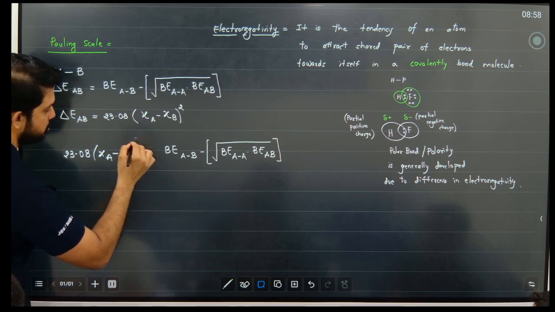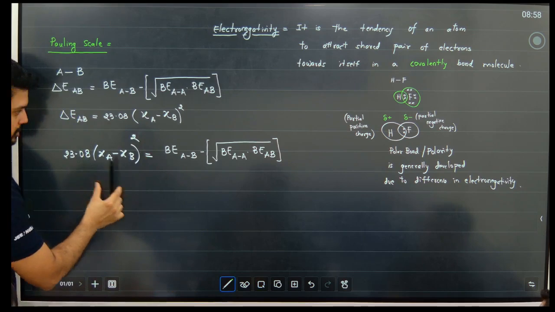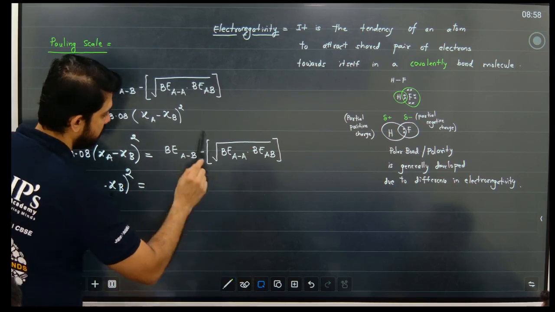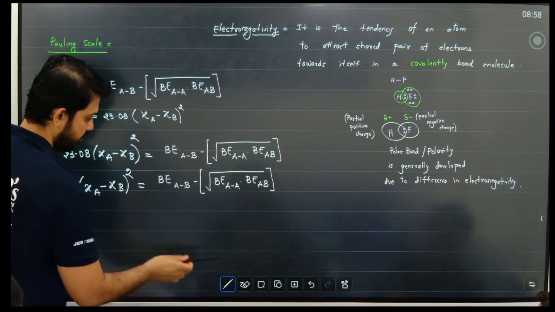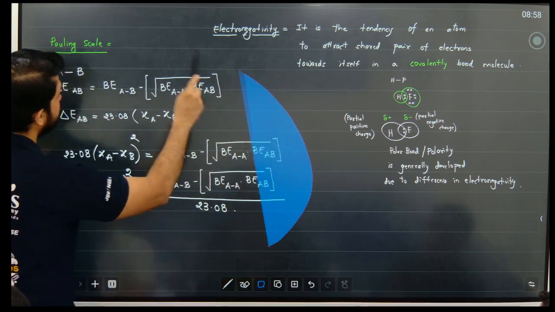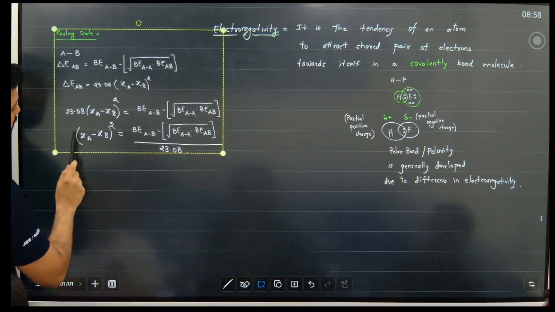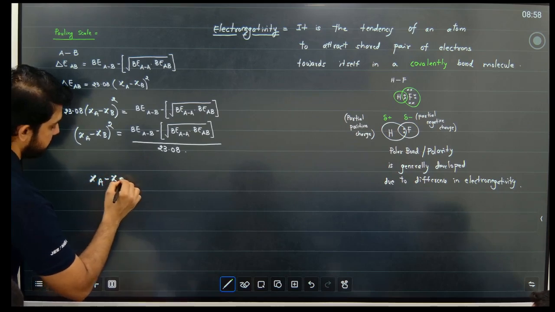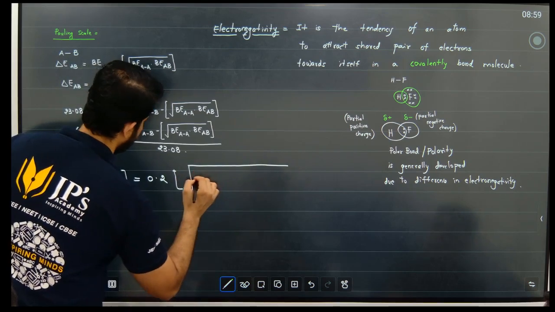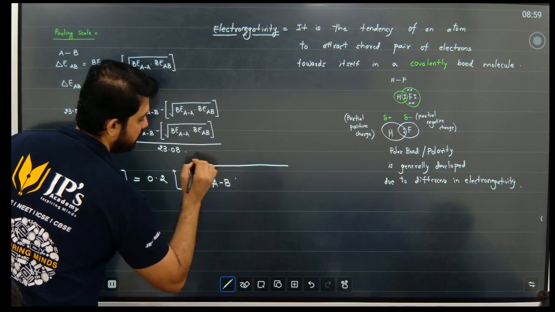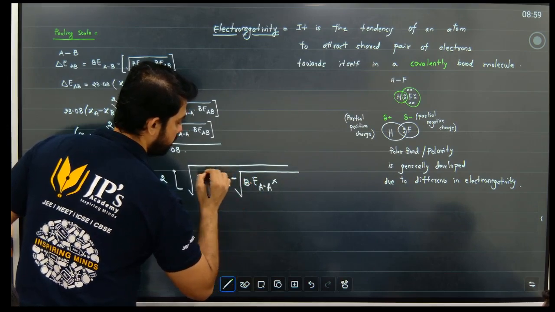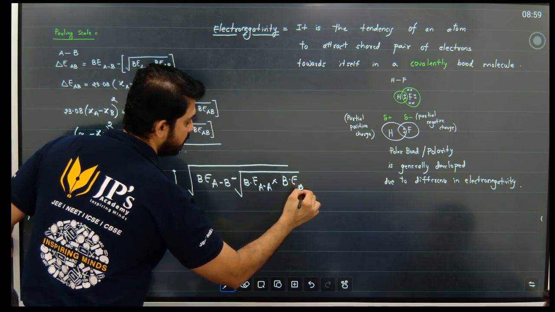I can take 23.08 to the right, तो वो बन जाता है XA minus XB the whole square is equal to this entire quantity divided by 23.08, and if I take square root, so XA minus XB is 0.2 into under root of bond enthalpy of AB minus, sorry, यहाँ पे minus bond enthalpy of BB.